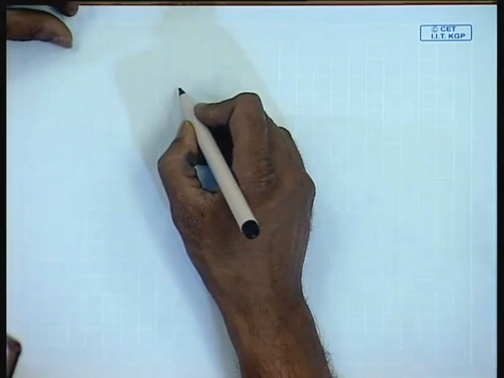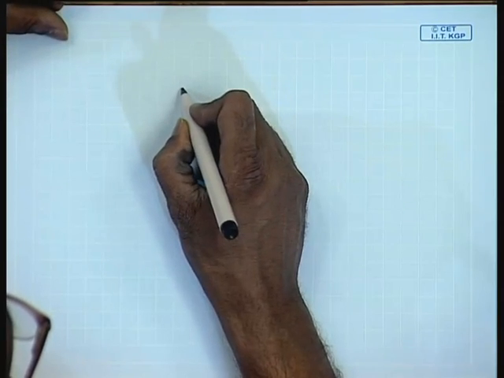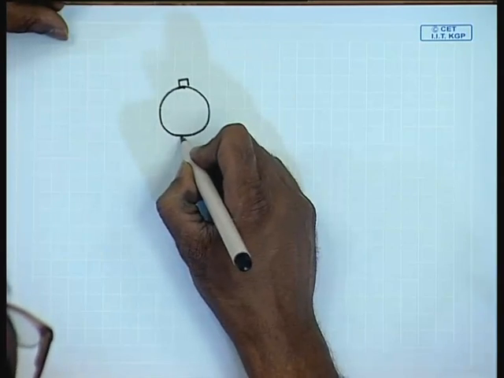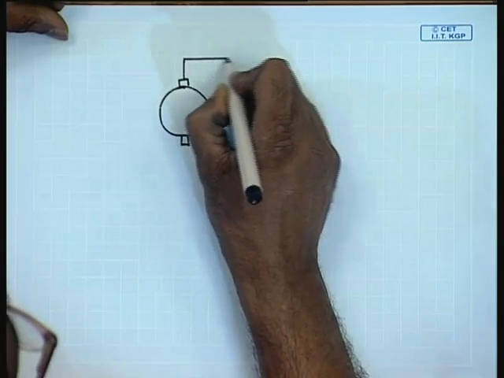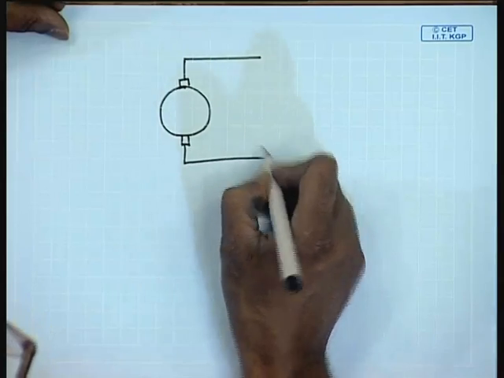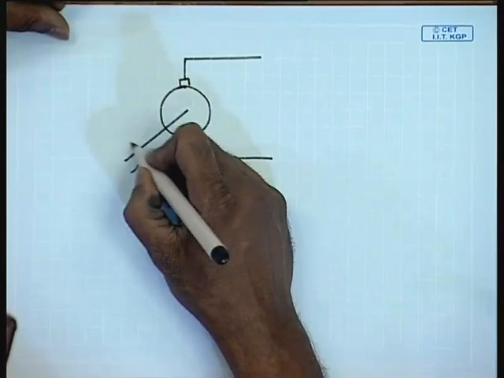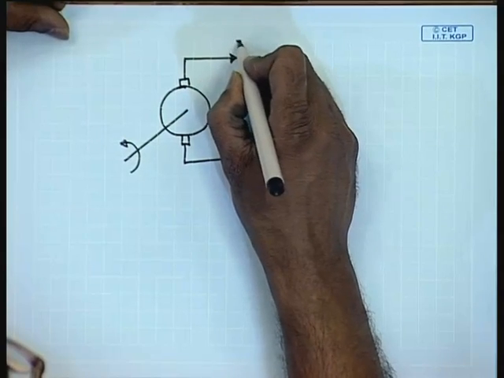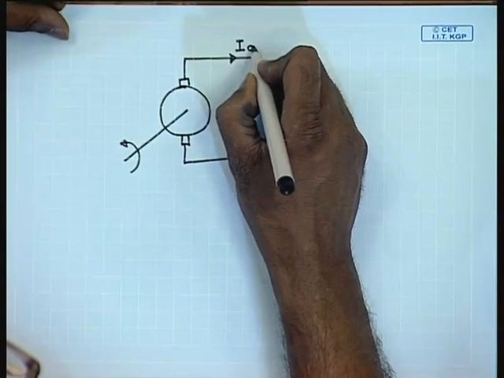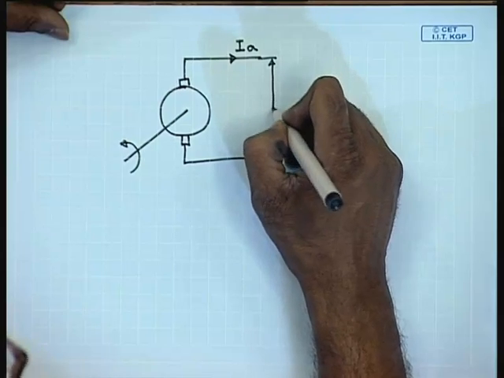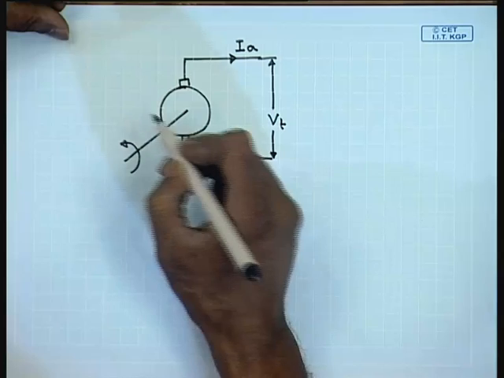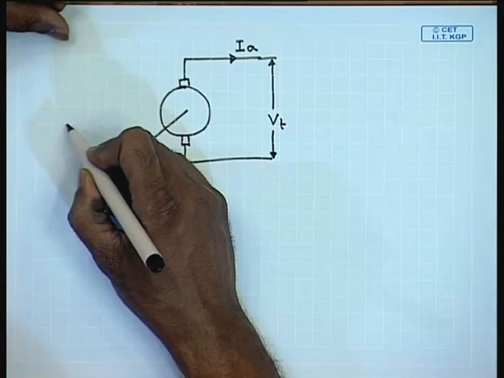We have seen in our previous class that the field winding of a DC machine can be connected in many different ways. This is the armature terminal, this is the field terminal.